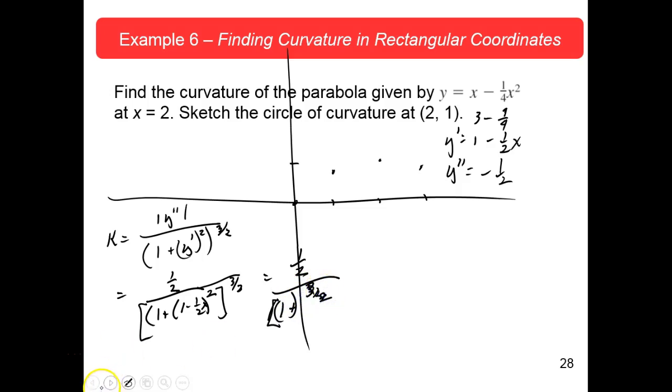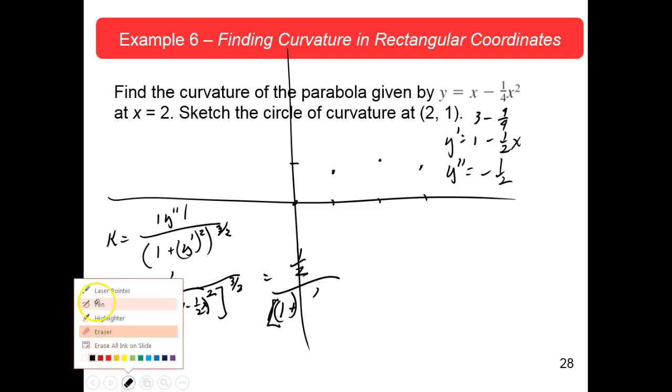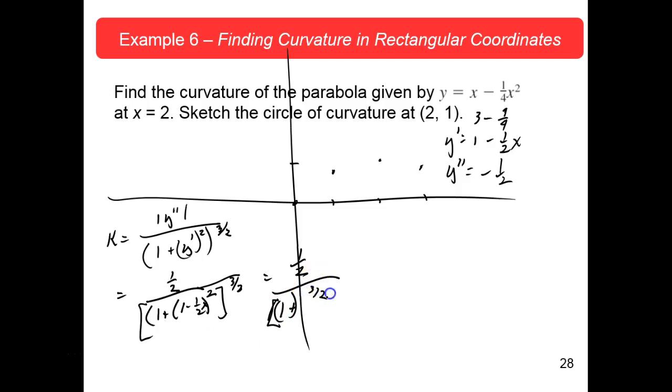Boy, that's ugly. Okay, let's see if we can do it a little bit better. 1 to the 3/2 is still 1. So this is just 1/2. So there's the curvature.